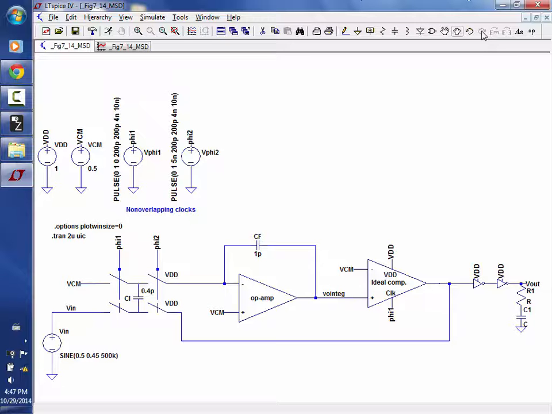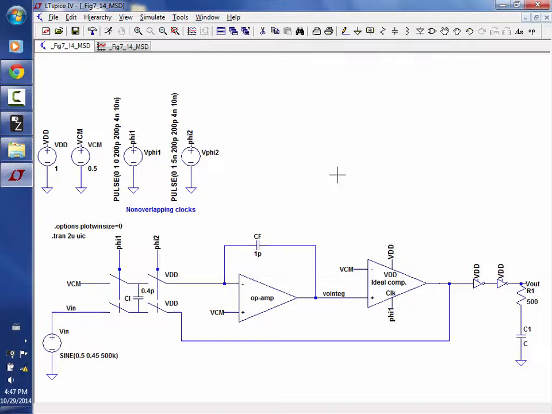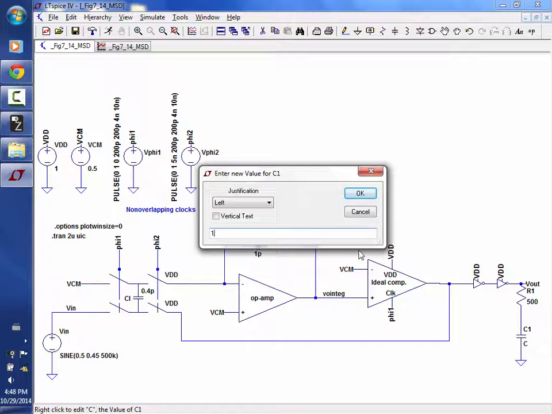I like looking at analog waveforms. So what was the input frequency? It's 500 kilohertz. So let's set this at 500. And 500 kilohertz would be a 2 microsecond period. So if we put this at 1,000 pF, would be 1 nano. I think 1,000 pF.